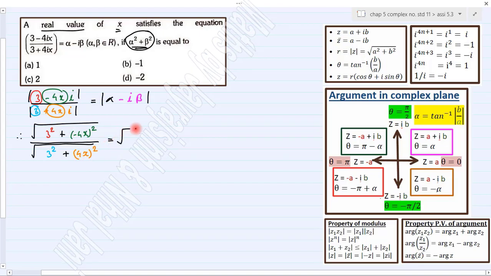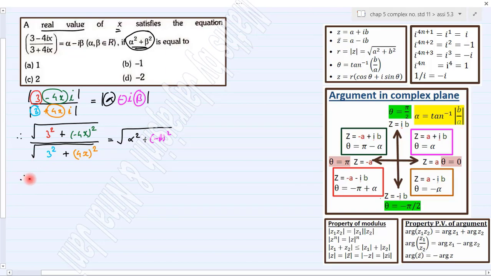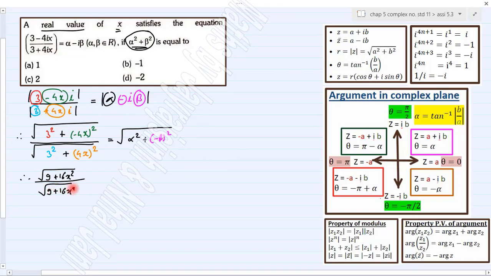Similarly, on the right hand side we have the real part square, alpha square, plus the imaginary part square, which is minus beta the whole square. So on the left hand side we will get under root of 9 plus 16x square in the numerator as well as in the denominator. And on the right hand side we will get under root of alpha square plus beta square.